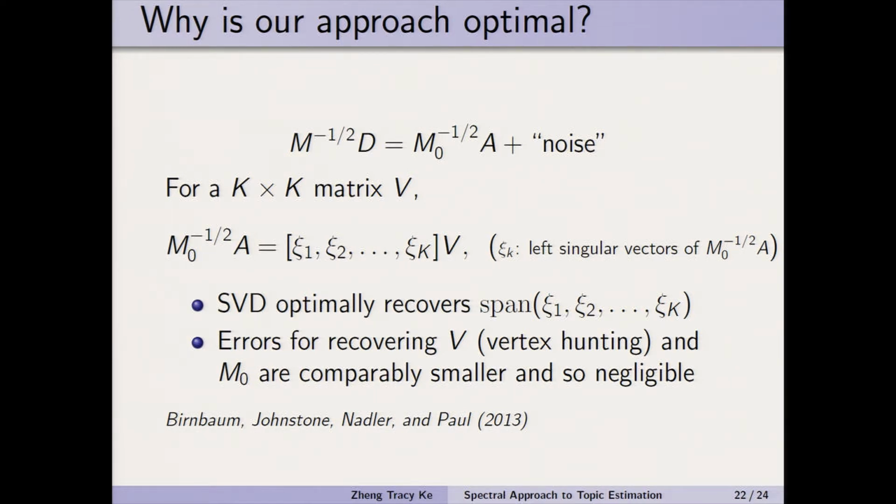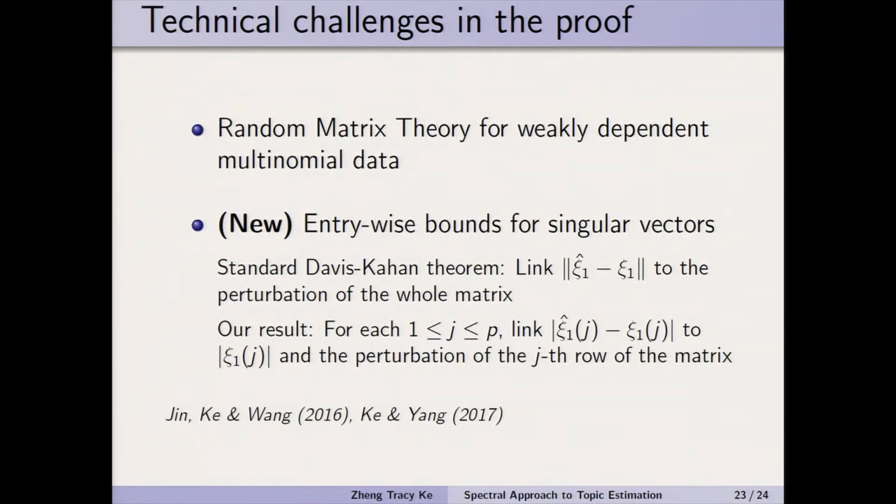At the same time, it tells us that if a method does not use SVD, it is unlikely that this method will be rate optimal. The proof contains some technical ingredients. The first challenge is to deal with this noise matrix. It is a random matrix with weakly dependent multinomial data.